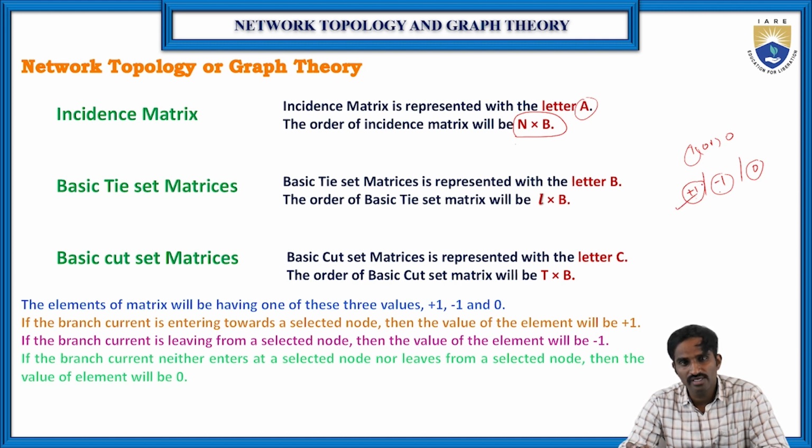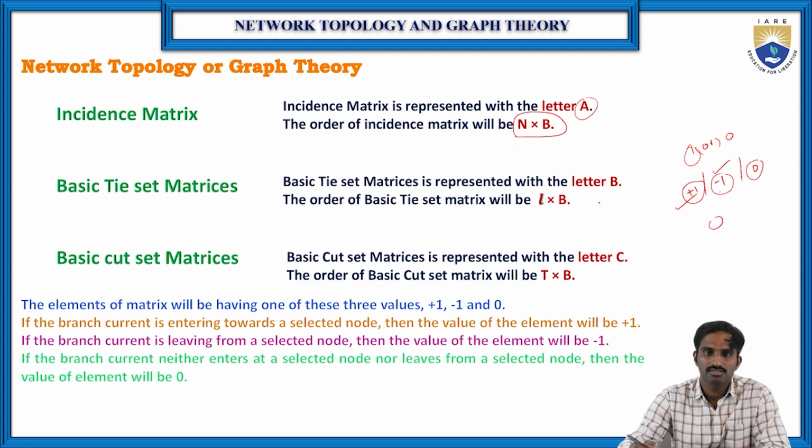And if the direction of the current is away from the node, then we will give -1 to the other node. And if there is no connection or no direction of the current from that particular node to another node, then that is a 0. So this way we can form an incidence matrix.